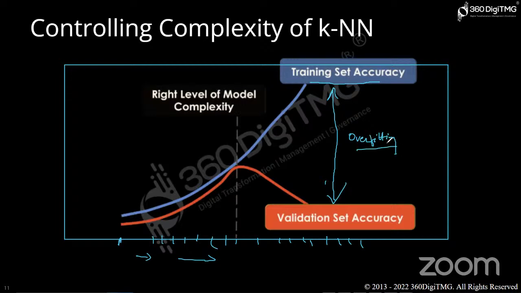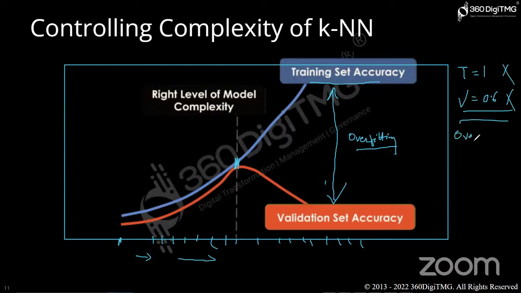Okay. So the k value could be at max chosen up to this, because after this, the validation accuracy starts dropping while the training accuracy keeps on increasing. So basically, if you have a training accuracy of, suppose, 1 and a testing or validation accuracy of, suppose, 0.6, it is an overfit model.